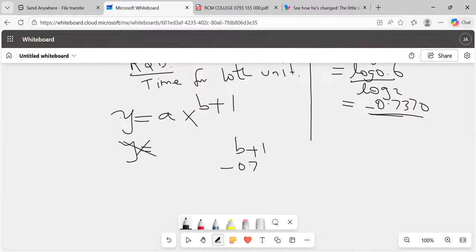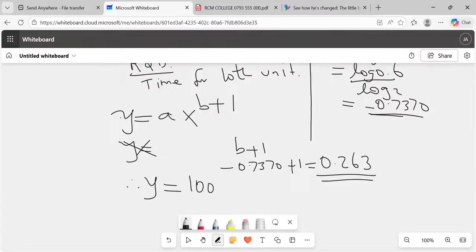So it is minus 0.7370 plus 1, which gives 0.263. And therefore, our y will be equal to 100 x raised to 0.263.